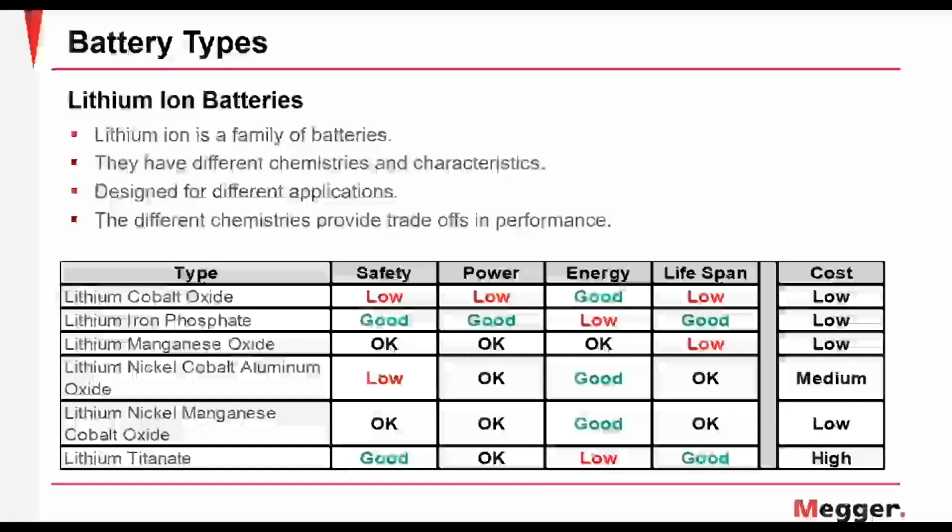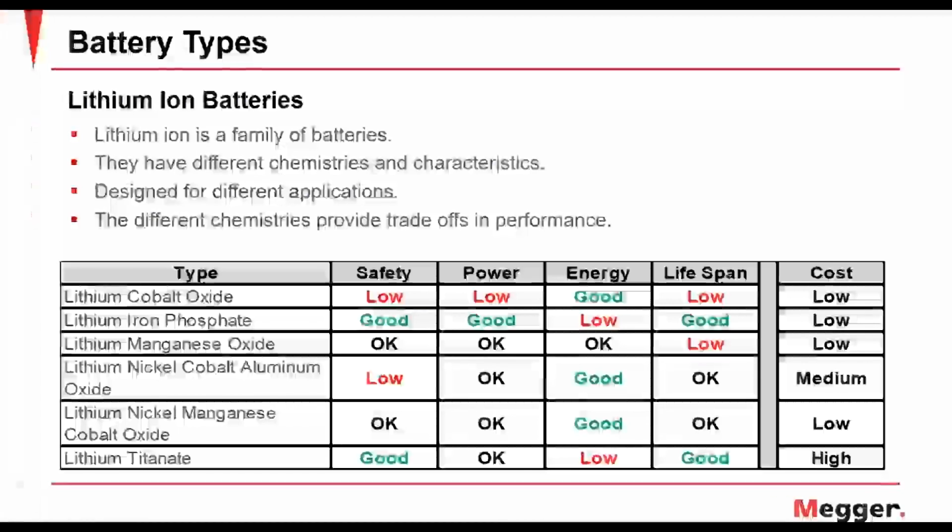Next we have the lithium ion batteries, and lithium ion batteries cannot easily be classified in this presentation. They are a huge and big family of batteries using different chemistries and characteristics. And their characteristics and chemistries really depend on the different applications.